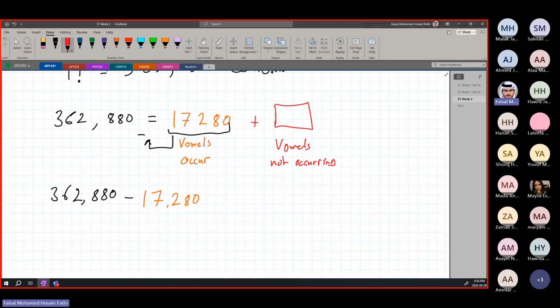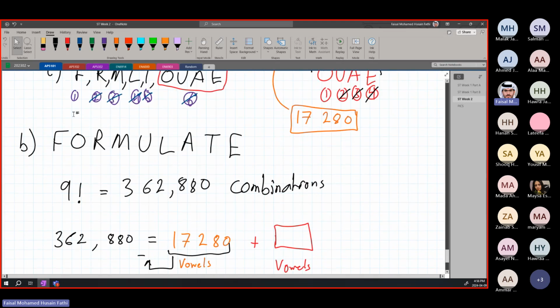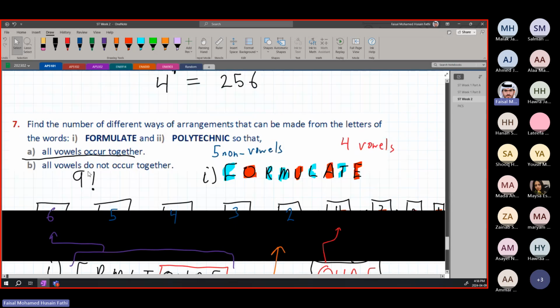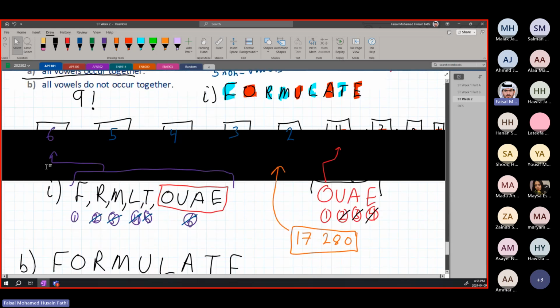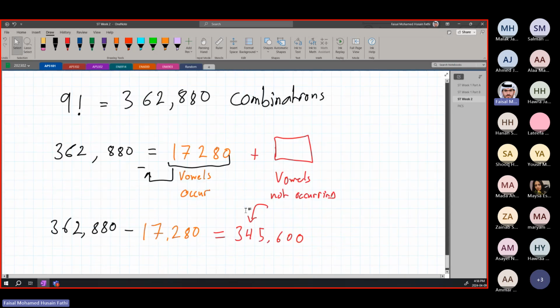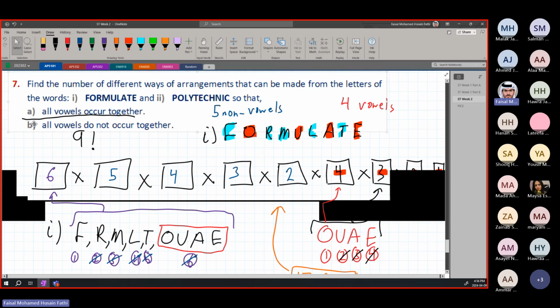And this is going to give us the vowels not occurring, which is 345,600. So these are the different possible combinations we can have for part B, where all the vowels do not occur together. All right. So that's basically it. Part B2 is the exact same thing for the word polytechnic. You're going to be applying the exact same concept.